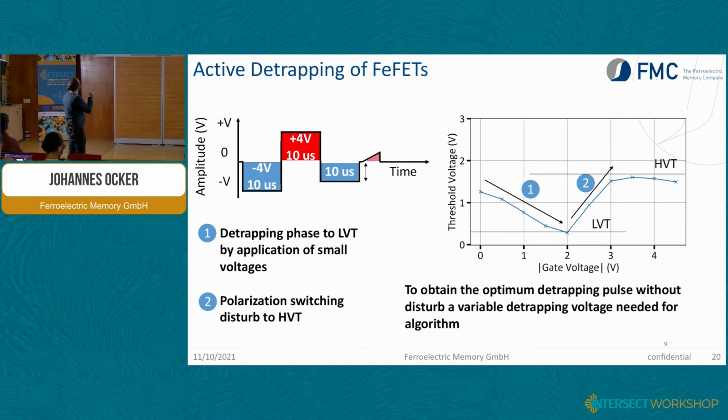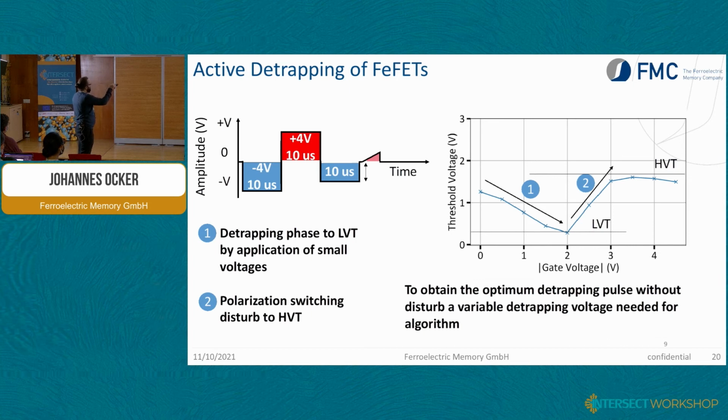You program it into the state that conducts a lot of current, and then you apply a small amplitude in negative direction to suck these electrons out of the stack, and then the normal low VT shows up, and you can really distinguish between high VT and low VT.